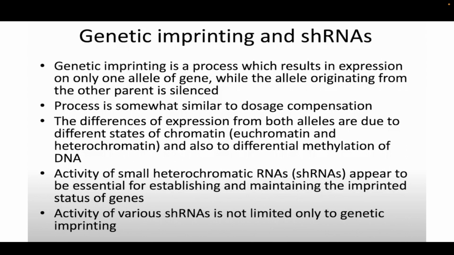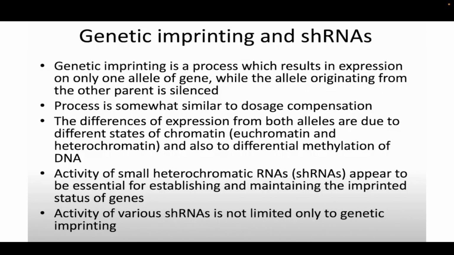This is generally called genetic imprinting, and it has an important role in fetus development and in the size of animals, where we understand that different sizes of animals exist. The size of animals also gets modified because of genetic imprinting, and we are also going to discuss a few more examples. So this is just basic background about genetic imprinting.